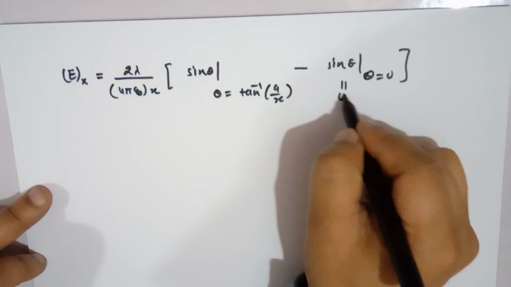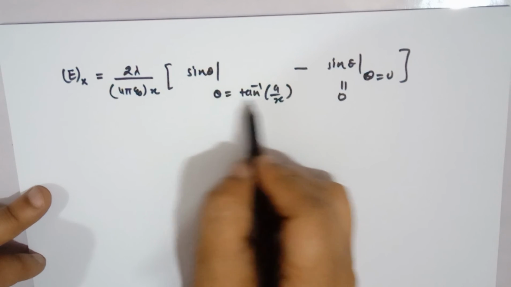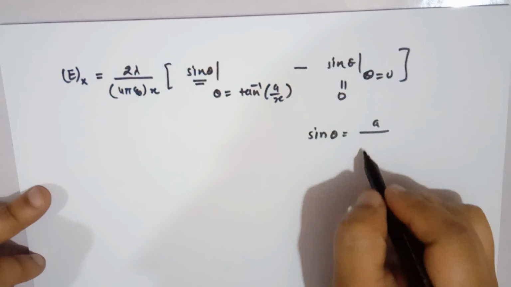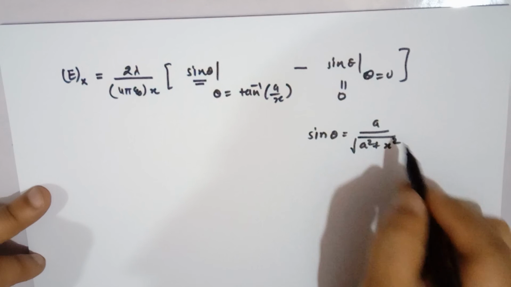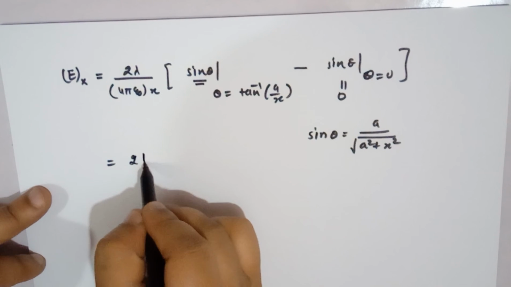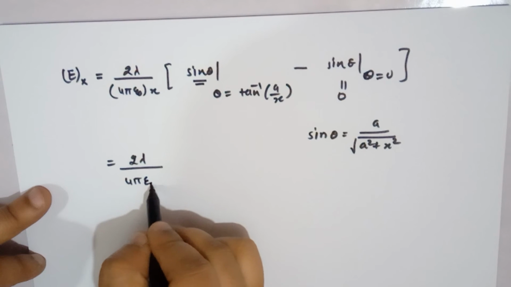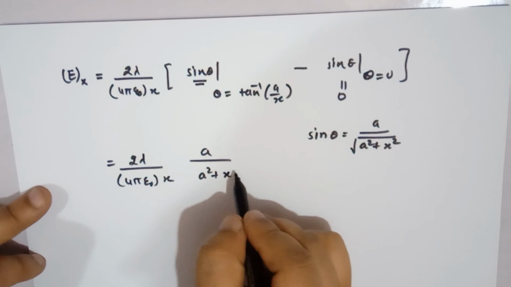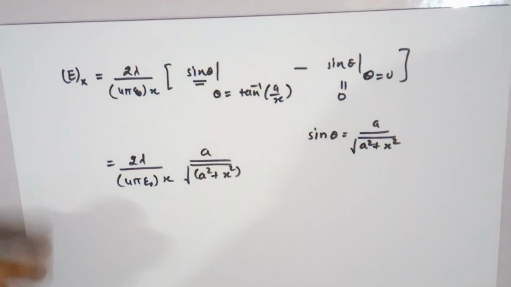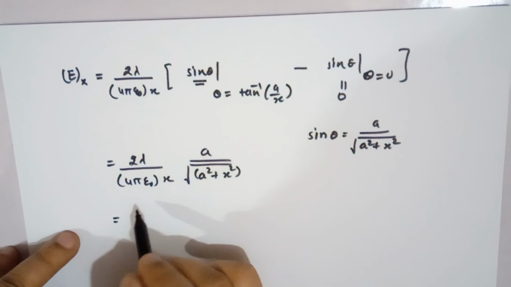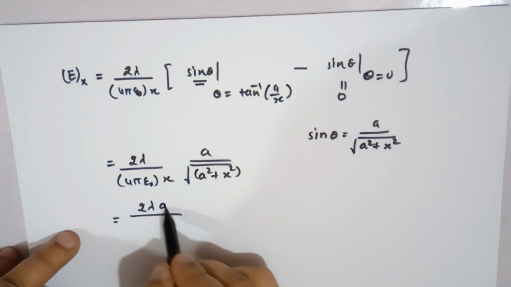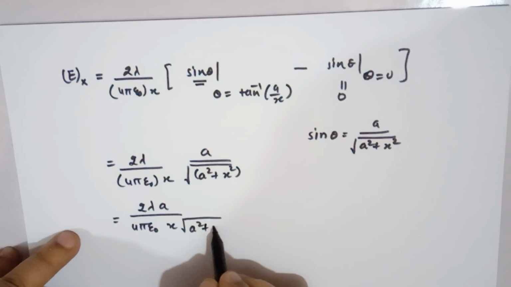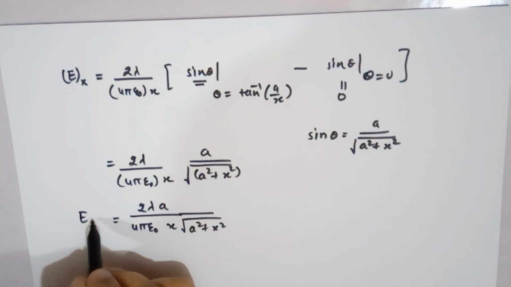We already calculated sine theta as a divided by the square root of a square plus x square. Putting this value, the electric field along the x-axis is 2 lambda a divided by 4 pi epsilon naught x times the square root of a square plus x square. That is the final answer.